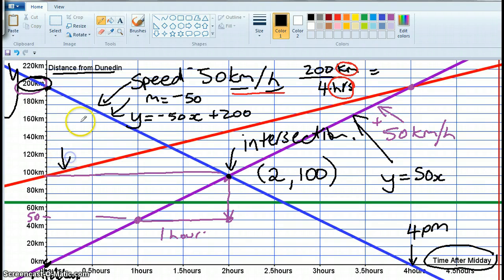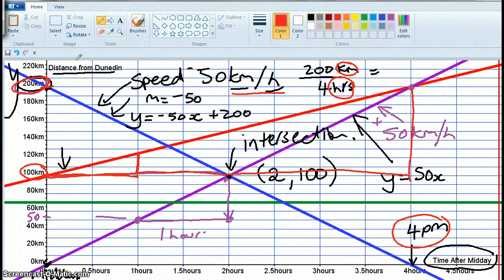This one here, tell me what speed is it going? So every 1 hour it's going a certain distance, and over 4 hours, this is very rough, how far did it go? That's 200. So over 4 hours how far did it go? Oh, hang on, that's actually at 100. That's at 100, 200.